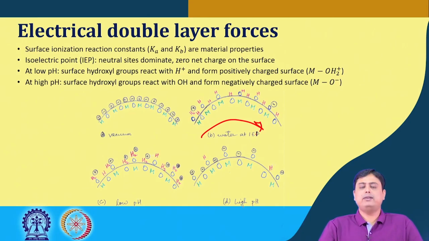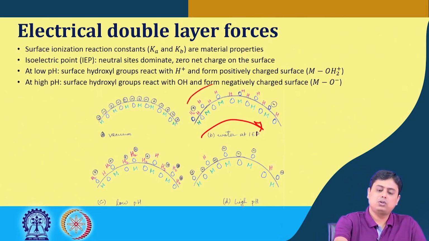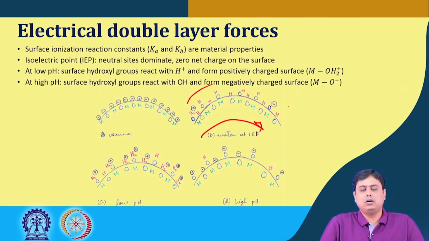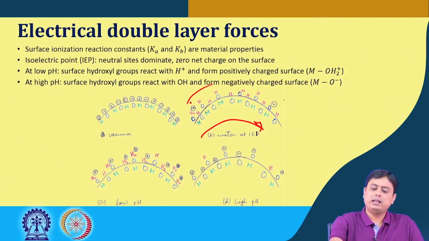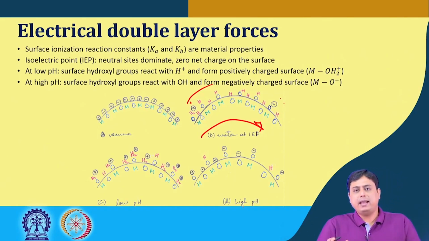There will be a different value of IEP for each and every material, at which the neutral sites will dominate. There will be occurrence of positively charged and negatively charged ions, but the total balance between these two will be nullified. The numbers will be the same.